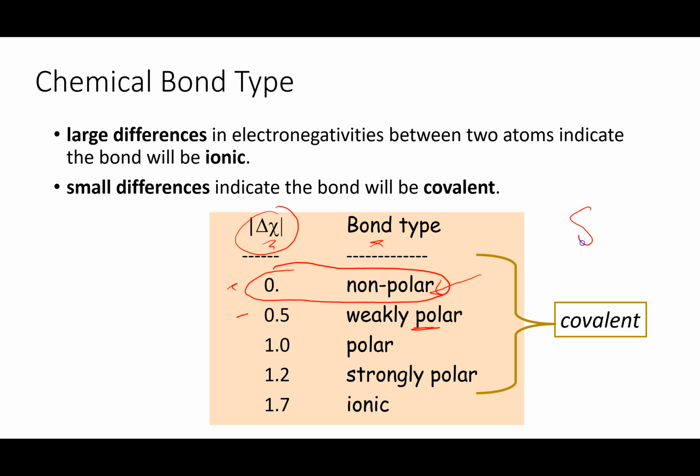So remember, you'll have a partially positive and a partially negative part. The partially negative one is the one with a higher electronegativity. From there, we go to polar and then strongly polar. So all of these, like this says, are where electrons are shared, a covalent bond.